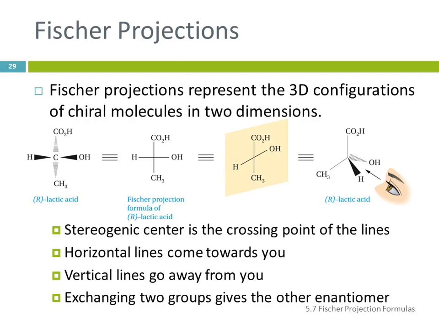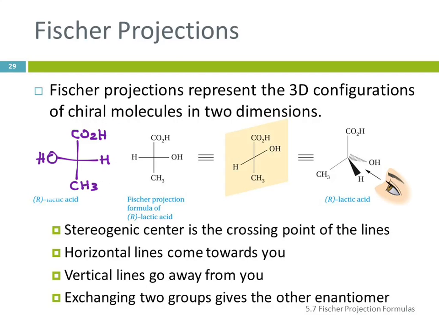Let's do this. Just make a little space over here. If I keep the top and bottom ones the same and switch the middle ones, do you see that that's the mirror image?